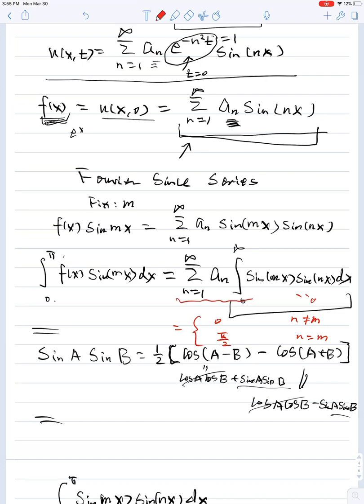So although this is an infinite sum, all the terms would be 0 when n is not this fixed m. Therefore, the only term that you have left is a_m, and when n is m, this integral is pi/2. Then from here, you know that a_n is 2/pi times the integral from 0 to pi of f(x) sin mx dx.